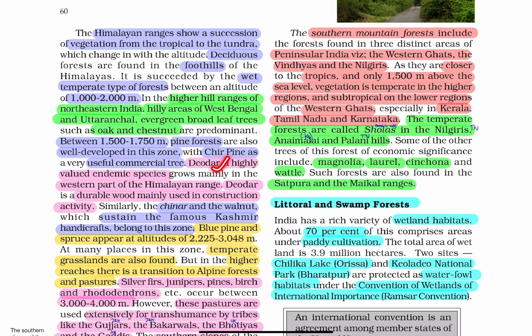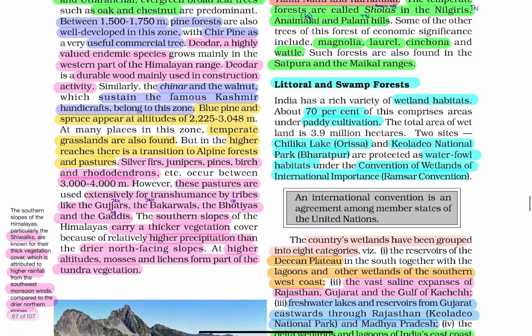It's a very important endemic species which grows mostly in the western part of the Himalayan ranges. Why is it so important? Because it has durable wood and is used mostly in construction activity.